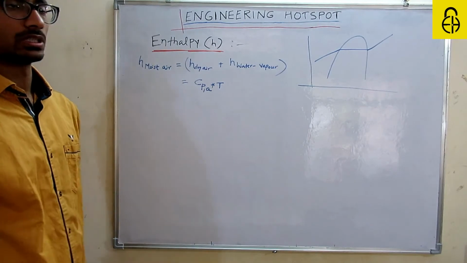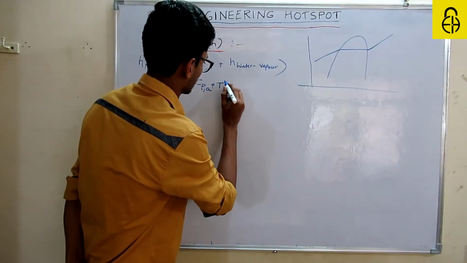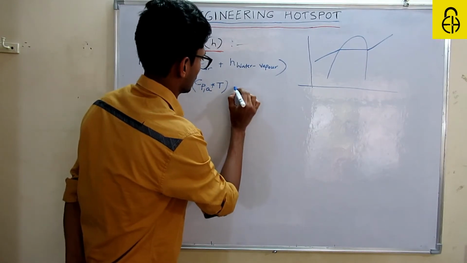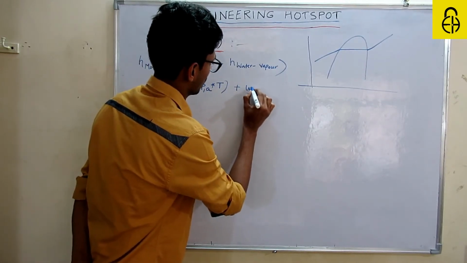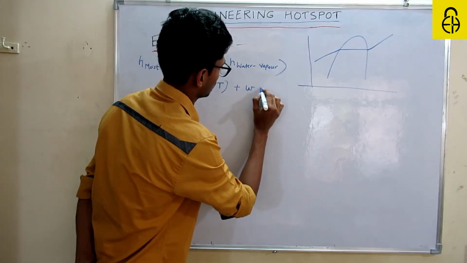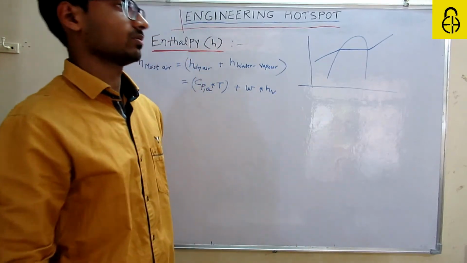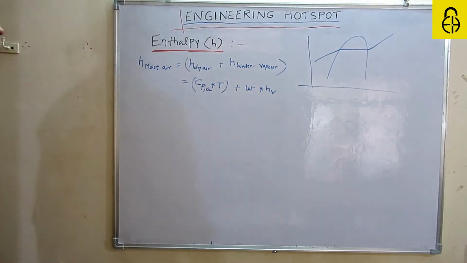This temperature is basically the dry bulb temperature, plus omega times enthalpy of vapor, HV. Why are we writing omega?